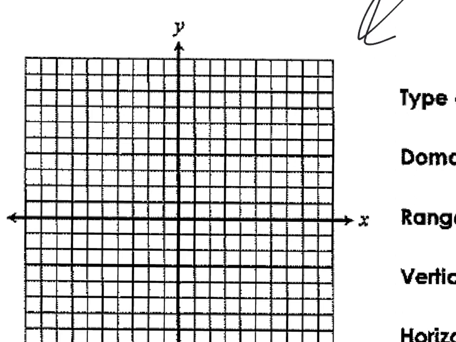If I plug in 1 for x, 1 divided by 1 is 1. So one point on the graph of y equals 1 over x is the point (1, 1). Same with if I plug in negative 1, I'm going to get negative 1. If I plug in 2, I'm going to get 1/2.